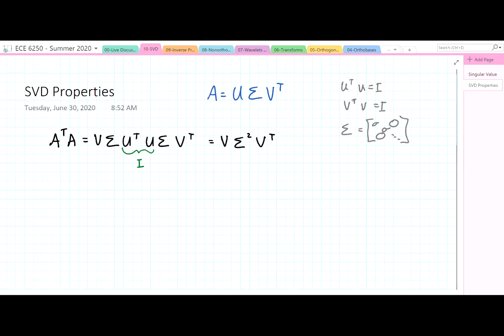So some interesting things to note here. This actually tells us quite a bit. First off, this is going to be symmetric, and it's going to be positive semi-definite. We don't know if it's positive definite because some eigenvalues could be 0.